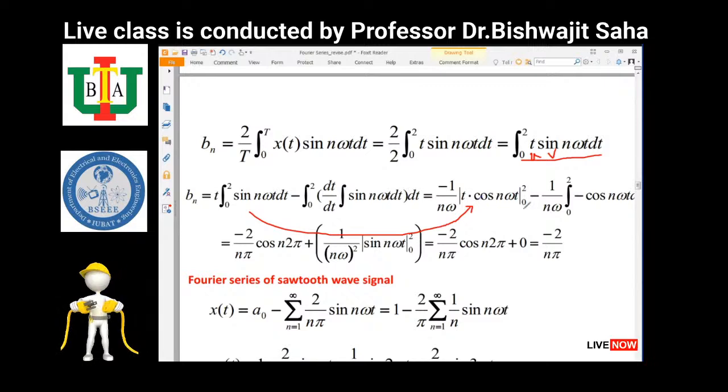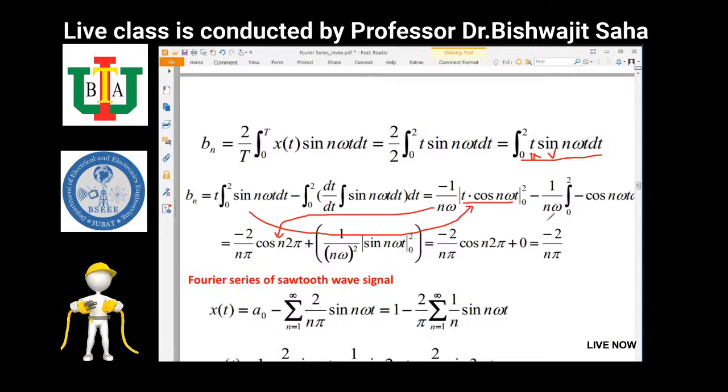So far we got this. Look, this value t, whenever you put t, what is coming here? 0. Whenever you put 2, then 2 into cos 2 pi n. So whatever n value you put, it does not matter, so it's easy to get this value. Minus 2 over n pi cos n twice pi.